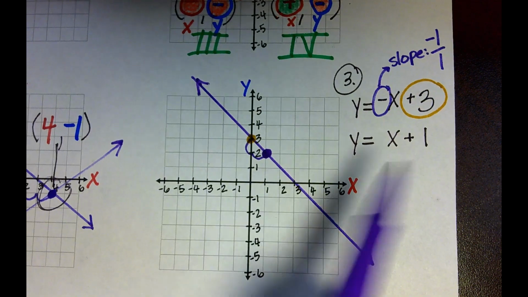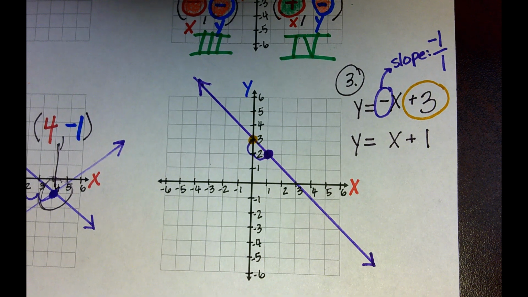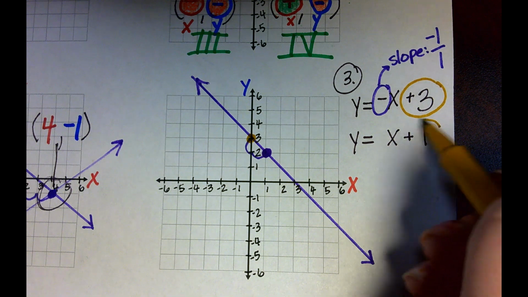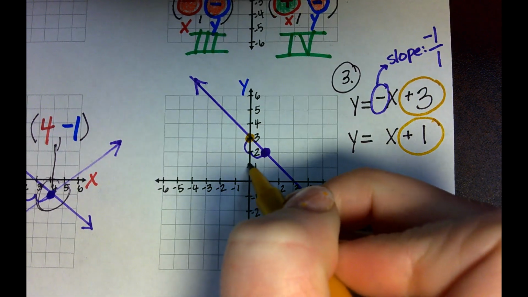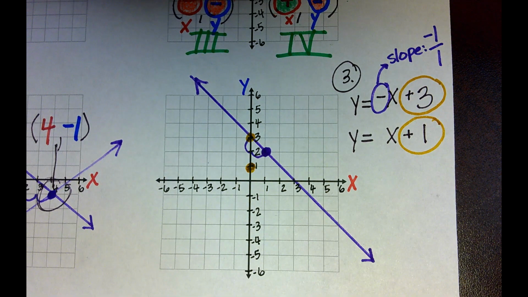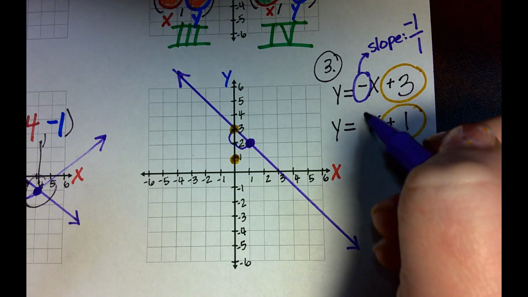And who wants to do the second line? You want to go ahead. Oh, I thought Keith was going to do it. The y-intercept is a 1, perfect. Y-intercept is 1, and the slope, there's no number next to x. It's a 1. Perfect. Over 1. No number next to x, so it's 1.